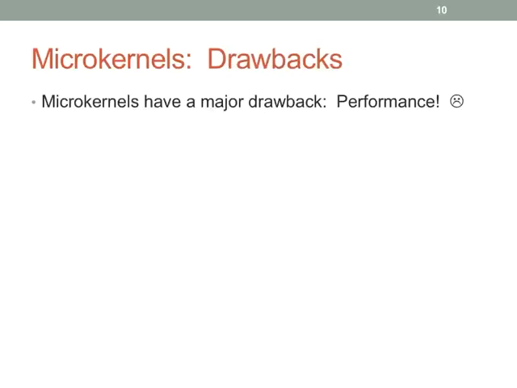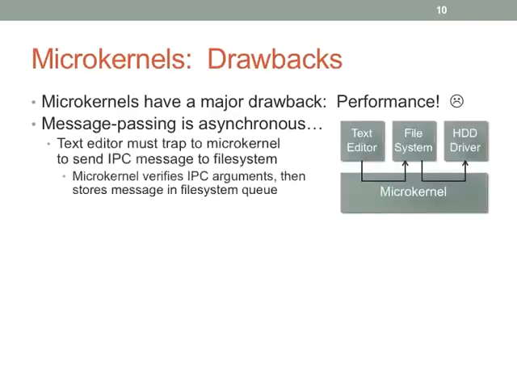Of course, the major drawback, which should be obvious at this point, is the performance issue. You have this problem that all of this communication and all of this message passing and the attendant context switches, the attendant kernel traps to receive messages or send messages, it becomes really expensive. So like I say, your message passing is asynchronous. So the text editor has to trap into the kernel.